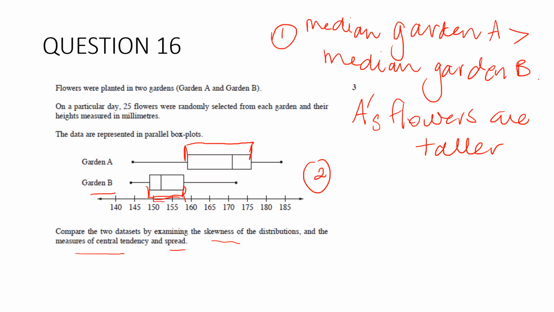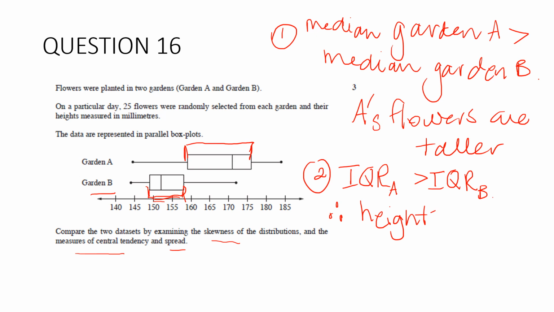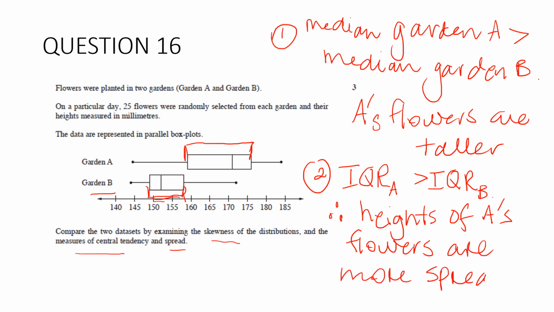So we'll say the interquartile range for A is greater than the interquartile range for B. Therefore, the heights of A's flowers are more spread than B's heights.